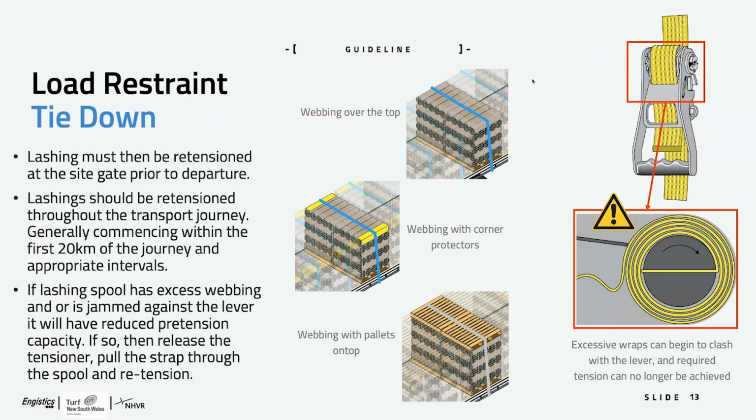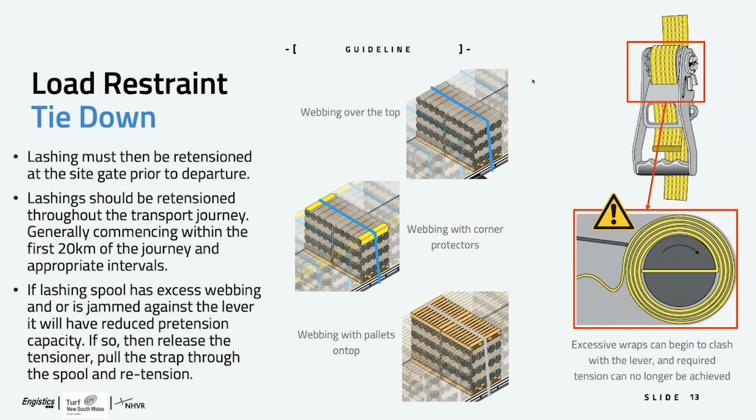So you may not have reached full tension in the strap because it may have jammed as you're winding up. If this happens, you should let off the tension, pull the strap through, pull all the slack out, and then retension until you no longer get that grabbing on the spool, to ensure you've got enough tie down tension applied to your pallet.